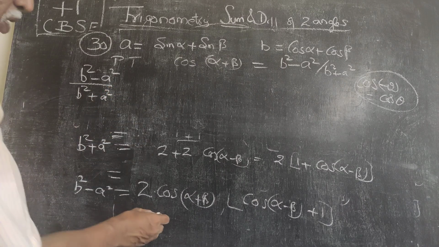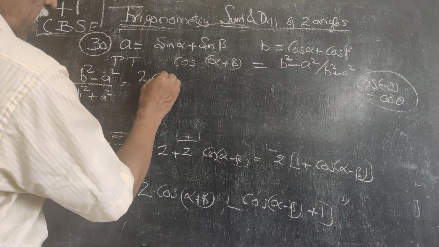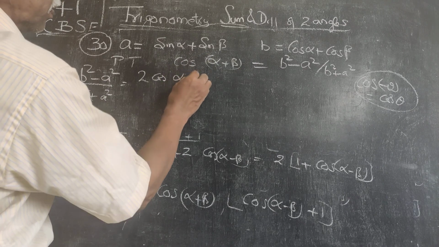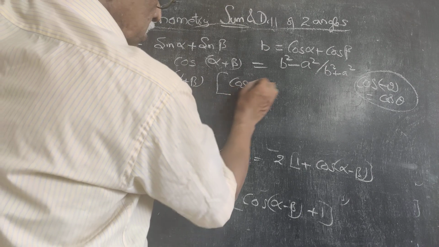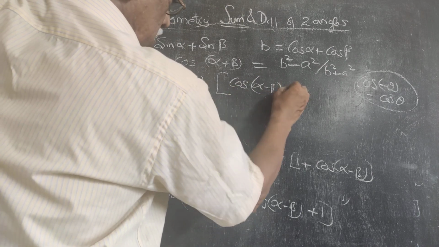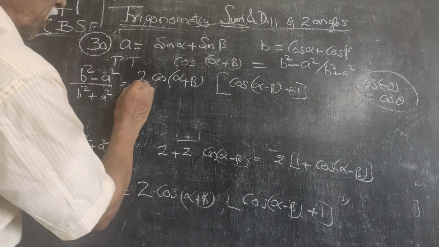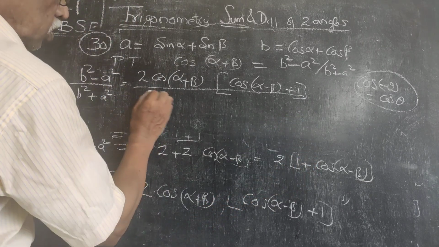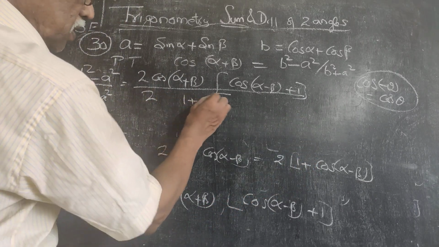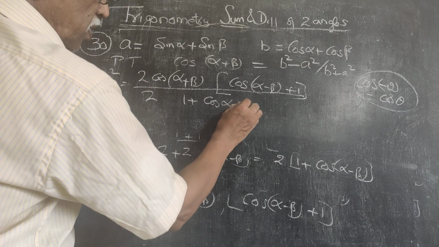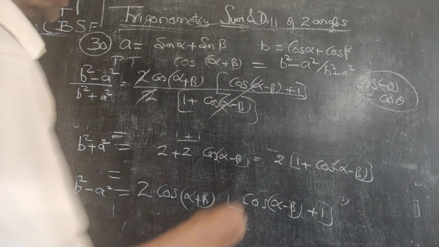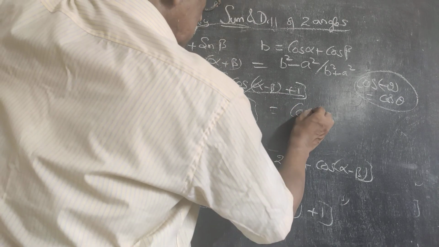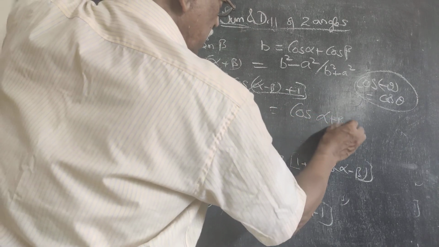What is b square minus a square? 2 times cos(alpha+beta) into cos(alpha-beta) plus 1. What about b square plus a square? Here 2 times 1 plus cos(alpha-beta). 2 goes off and this goes off. We are left with cos(alpha+beta).